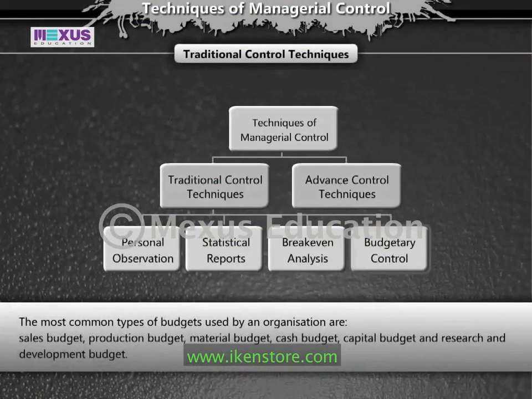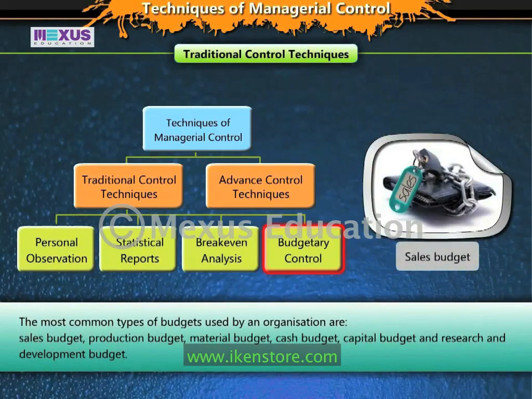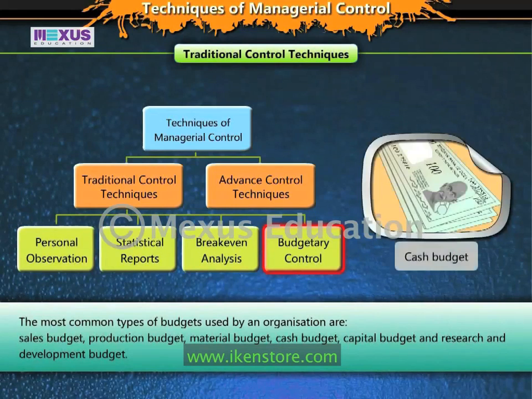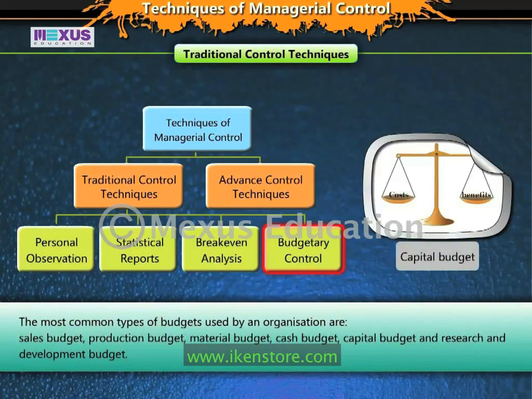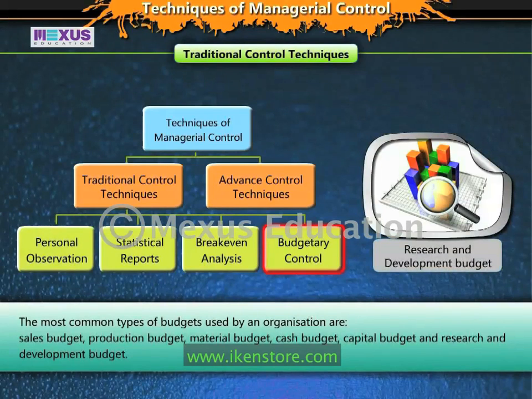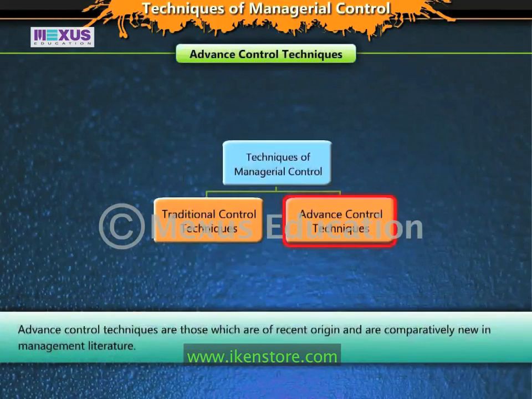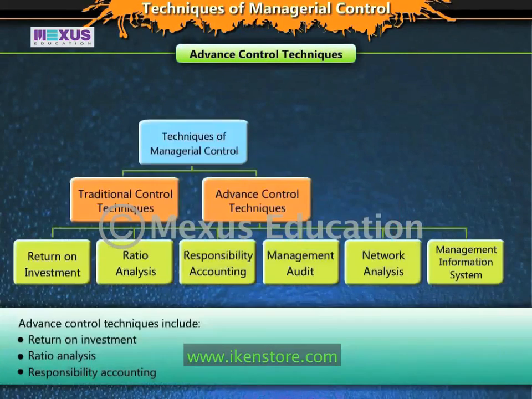The most common types of budgets used by an organization are sales budget, production budget, material budget, cash budget, capital budget, and research and development budget. Advanced control techniques are those which are of recent origin and are comparatively new in management literature.